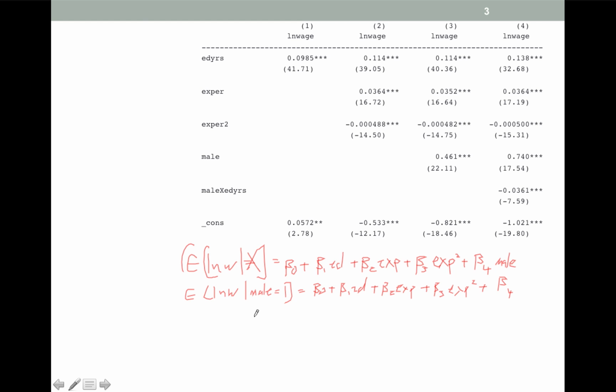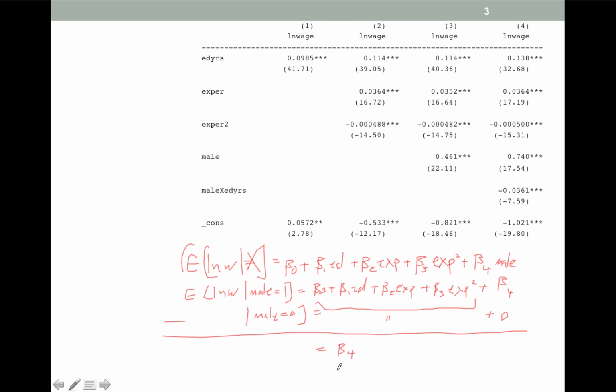If we do the same thing, conditioning on male equal to 0, all of this is still there, but that part's not there. And so if we take the difference between these two terms, we get beta 4.